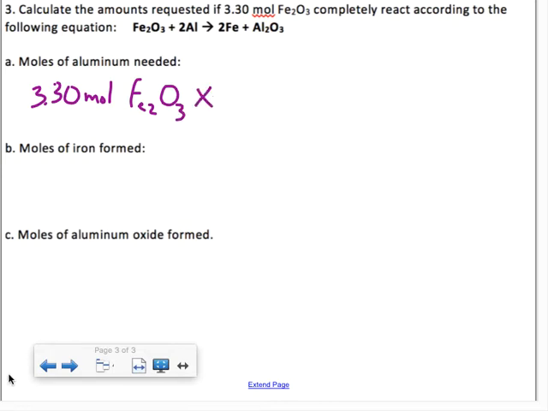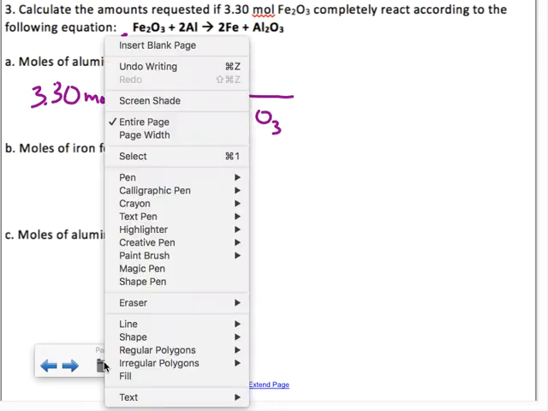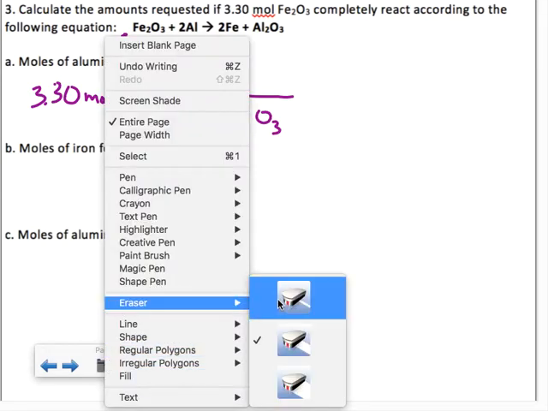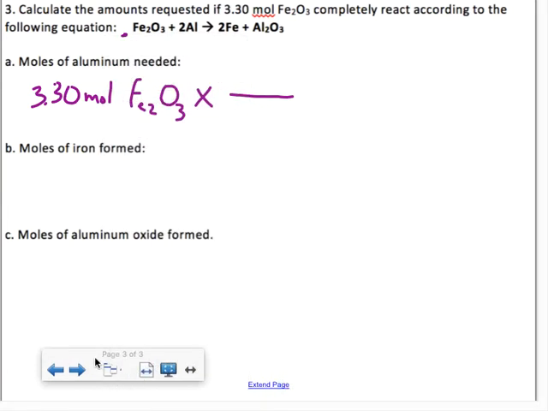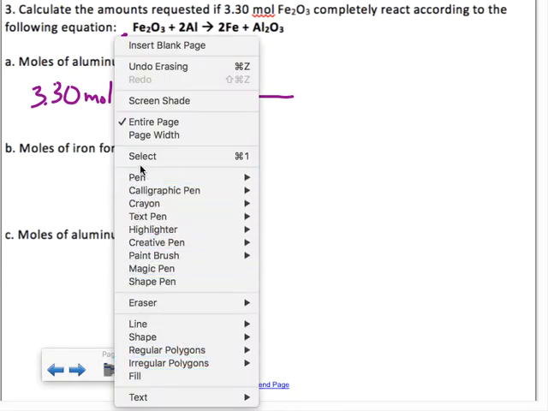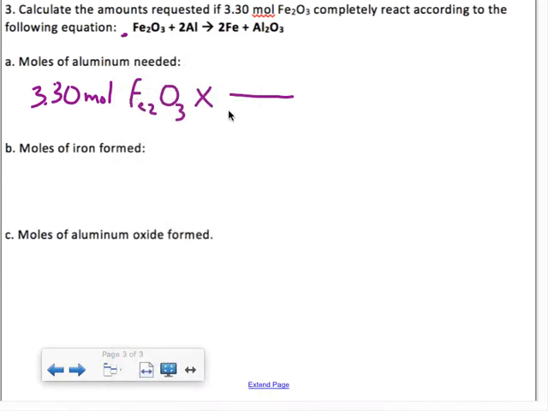Set up my conversion factor. I'm in iron oxide, so that needs to go on the bottom. And I didn't give myself enough space. That was stupid of me. If I look here, that means 1. So really this should, I'm just going to, sorry. Can't believe I did that. Okay, so 1 mole of iron oxide.